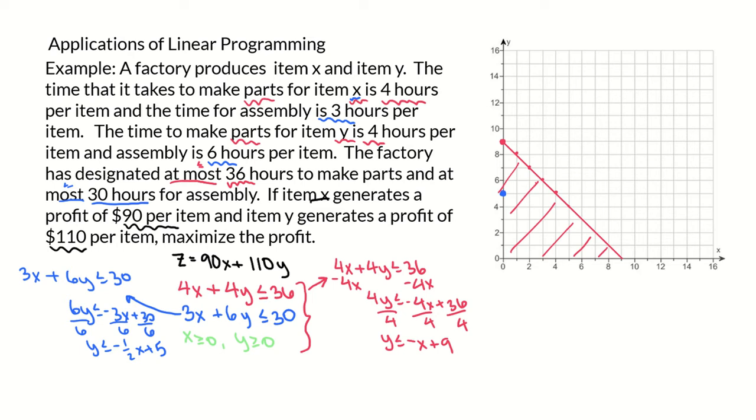So y-intercept of 5, slope of negative 1/2 means go down 1 over 2. So shading is below this line as well, because our inequality is less than or equal to.